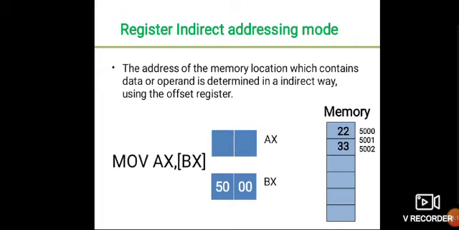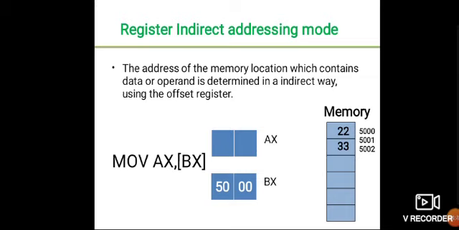The next addressing mode is register indirect addressing mode. Here the register will hold the address and the content present in that address will be moved to the destination specified. For example, I have taken here MOV AX, [BX], where the BX will serve as an offset register.